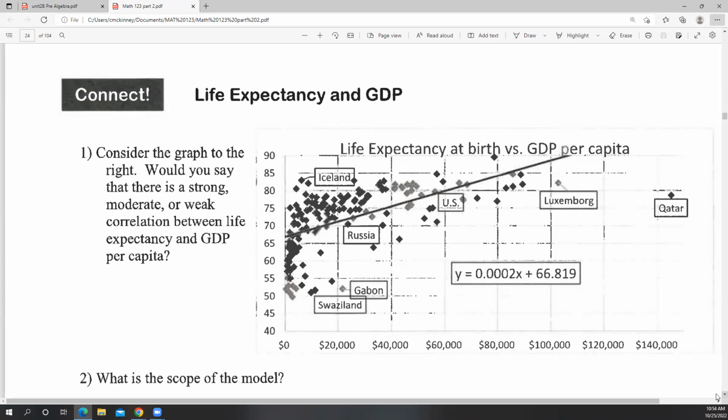So we see the US is in the 60,000s, maybe 65,000, something like that. But we see Qatar and Luxembourg, we're talking over 100,000 per capita. And the higher the dot, the longer the life expectancy.